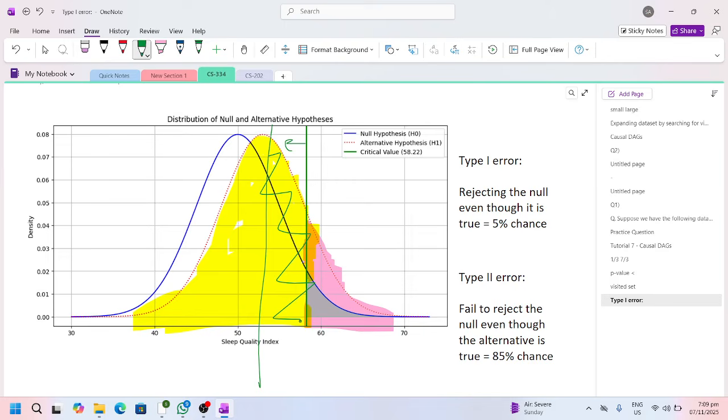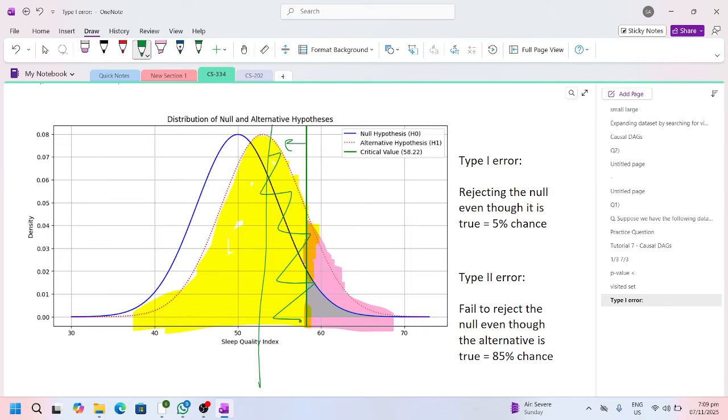Let's recall type 1 error, rejecting the null even though it is true. So the problem is कि इस critical value को मैं जितना पीछे move करूंगी, which means कि जितना ज़्यादा मैं अपना significance level alpha बढ़ाऊंगी, उतनी ज़्यादा power तो increase हो जाएगी, but that will increase the chances of a type 1 error, which I also don't want to do. I have to find a decent balance in between somewhere. I don't want to reject the null if the null is true.